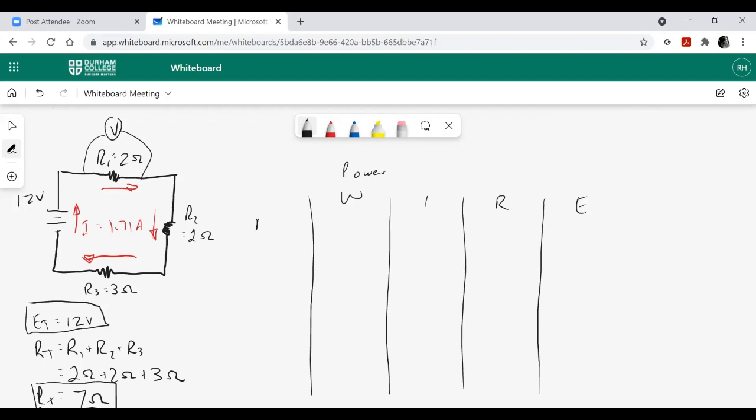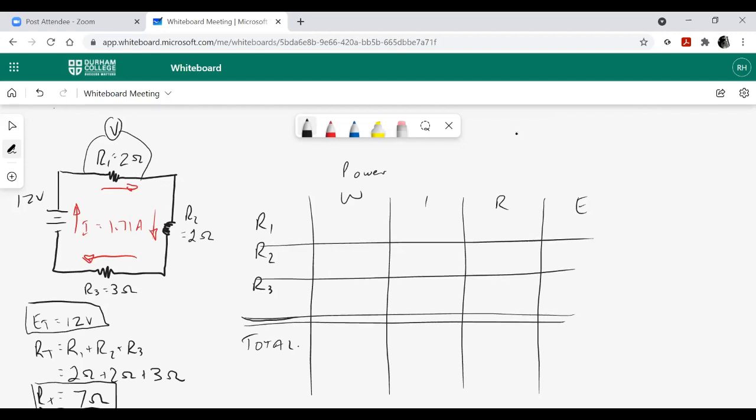I'm going to write them down the left-hand side: resistor 1, resistor 2, resistor 3, and then I'm going to make one called total. Okay, so there I have a table.